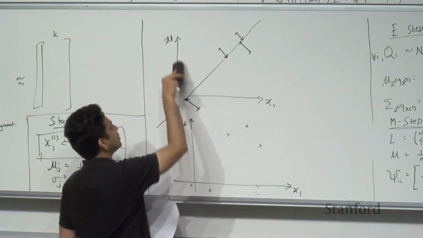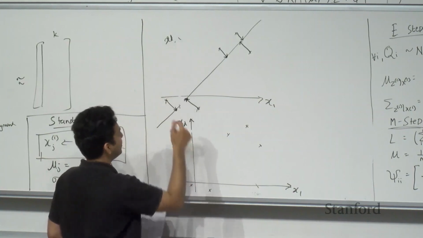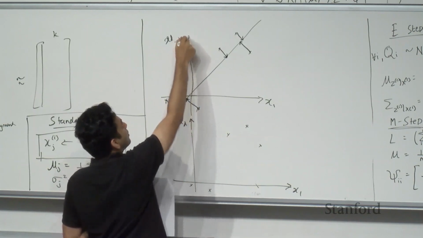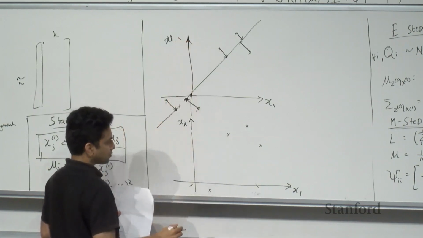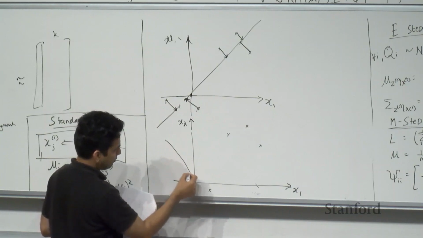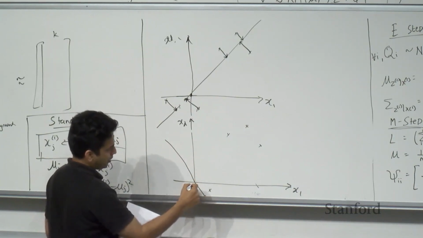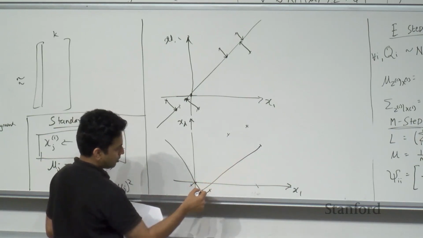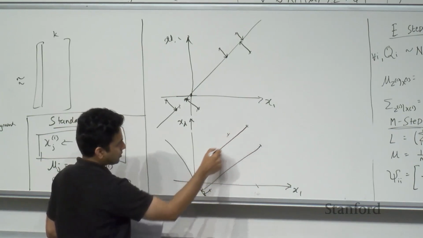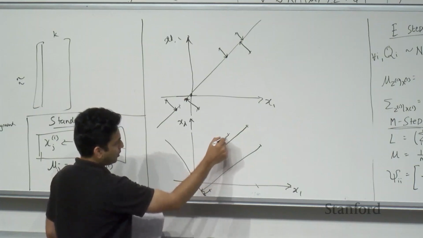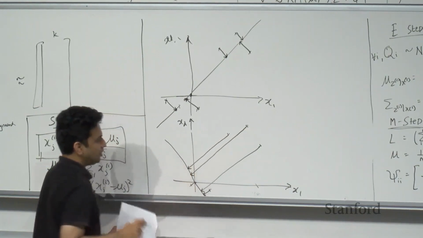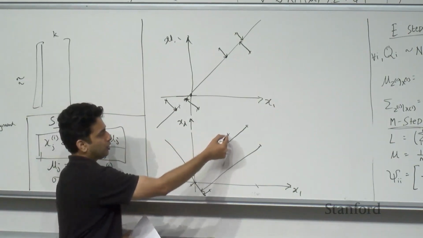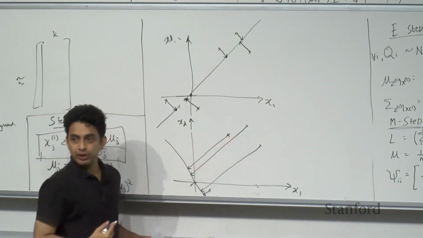So instead, let me redraw the axes so that this is xd, and it's going through the origin. So instead, we could also have this to be the subspace, and we project all the points onto our subspace. If you remember, projection means to find the closest point on the subspace to the point which you're trying to project.